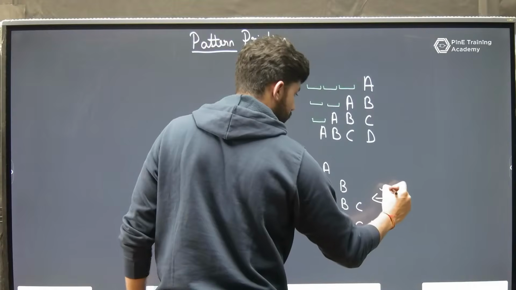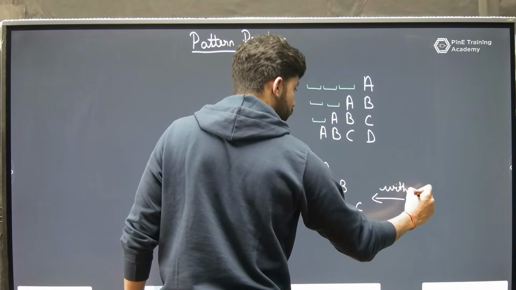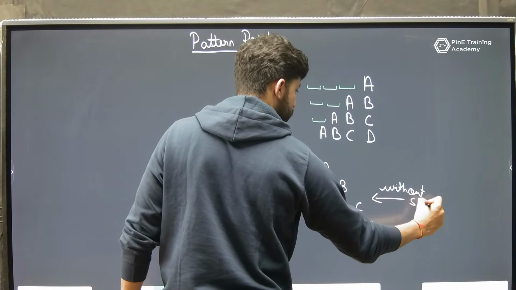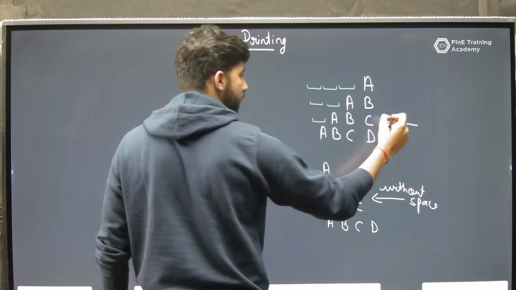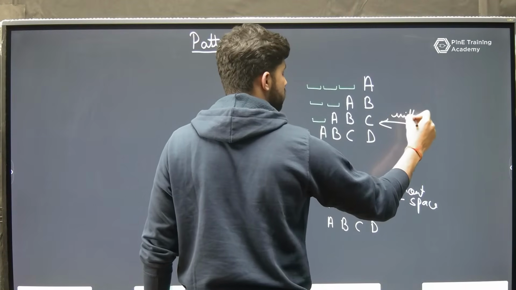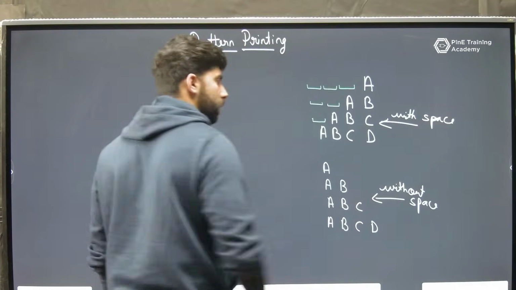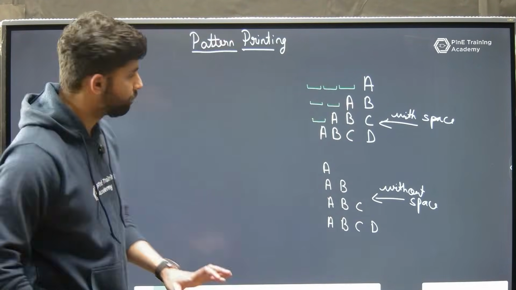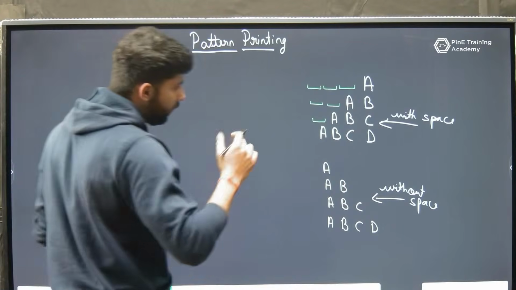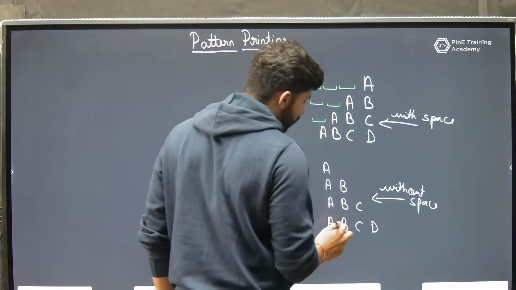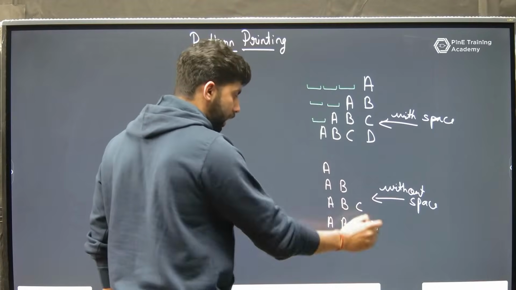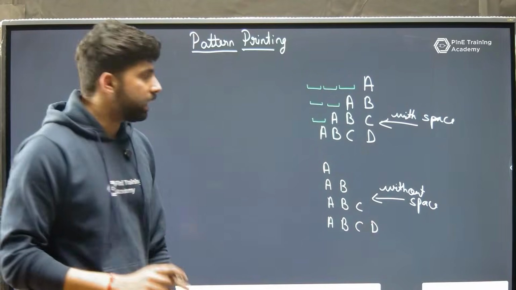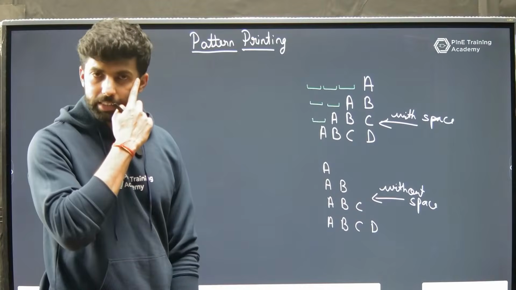So this is without space, and this is the same pattern with space. There is no difference in both the patterns except for the space. So what do we do? We will write the code for this pattern, and then we will see how we can include the code for space.